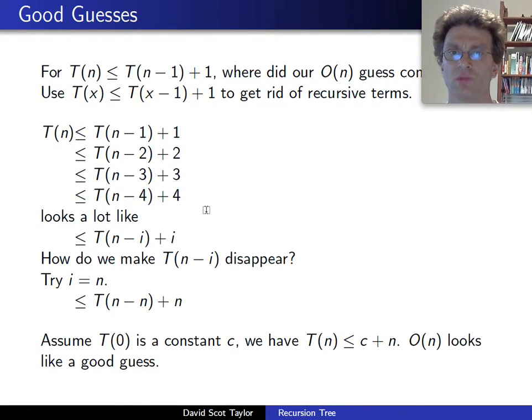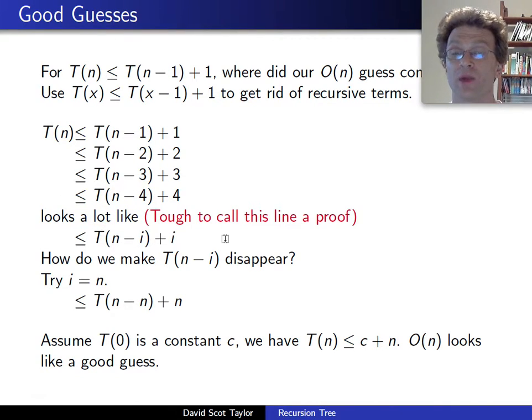Do I have a proof on the screen right now? No, not exactly. What's wrong with my proof right now? Well, this line, a little suspect. Generally proofs shouldn't have lines in them that say looks like, or seems to be, or I feel like I recognize a pattern.